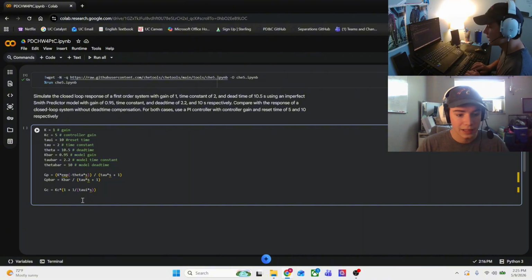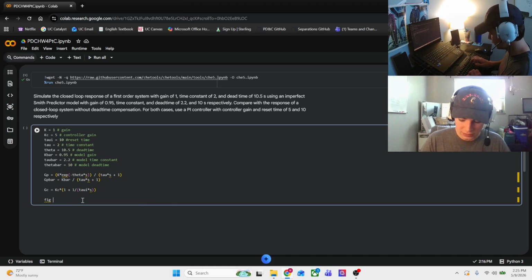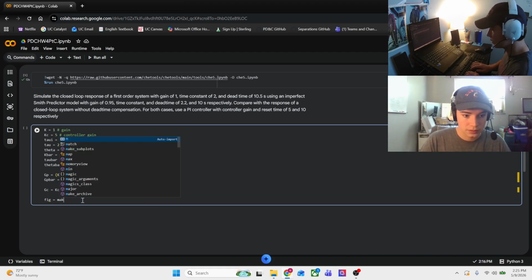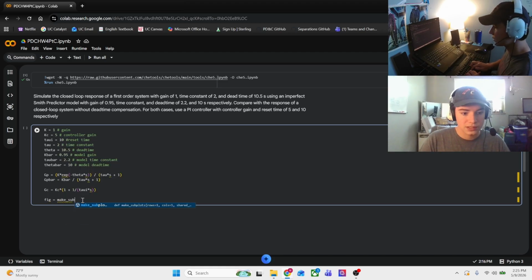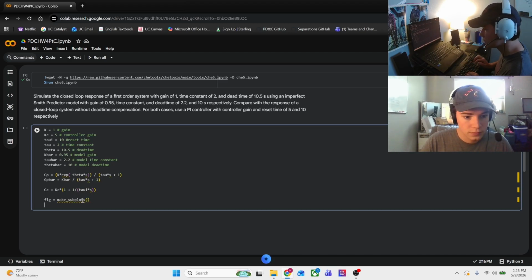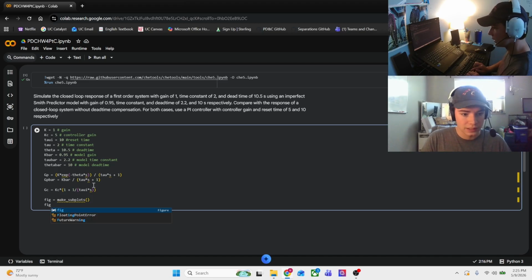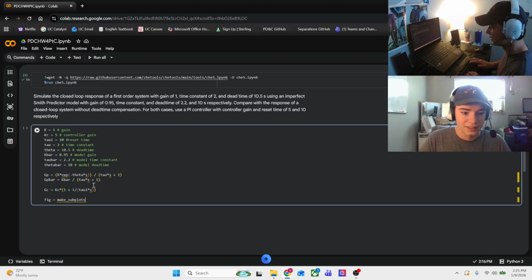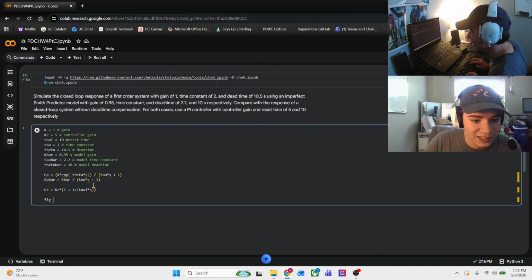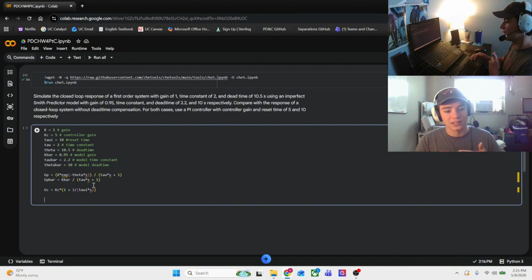So to do that, I'm going to go ahead and say our fig equals make subplots. Fantastic. And we're going to do fig dot, I forgot completely that we can't make our figure without first simulating this system.